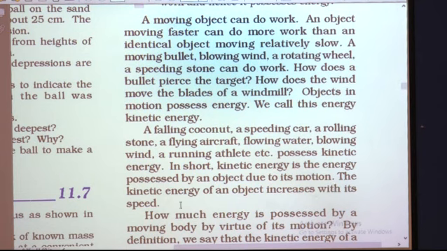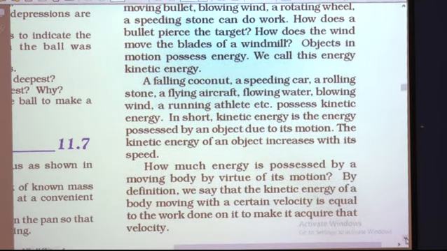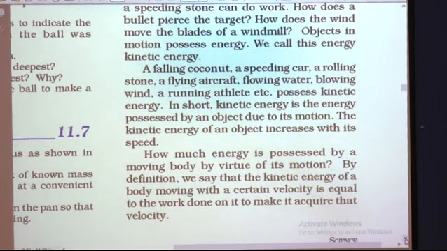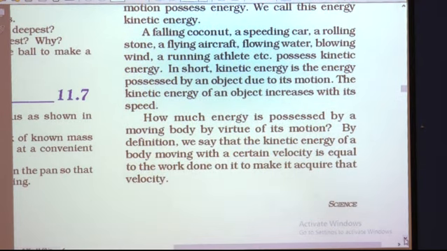The kinetic energy of an object increases with its speed. So, if you increase the speed of the object, the kinetic energy of that object increases. Now, how much energy is possessed by a moving body by virtue of its motion? By definition, the kinetic energy of a moving body with a certain velocity is equal to the work done on it to make it acquire that velocity.